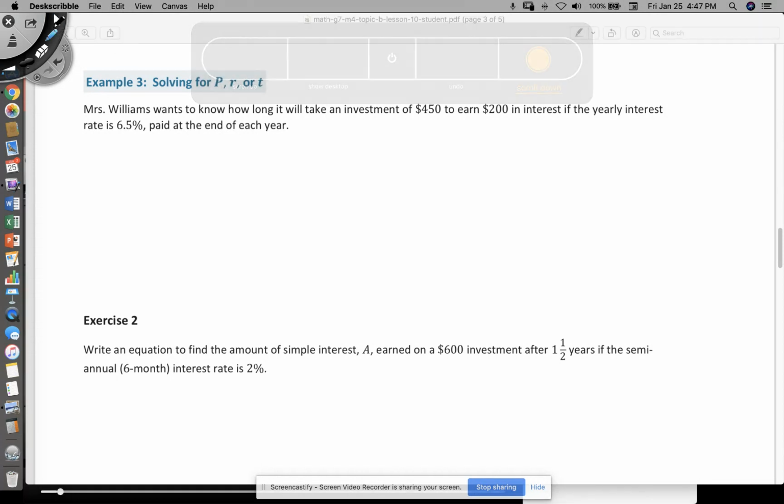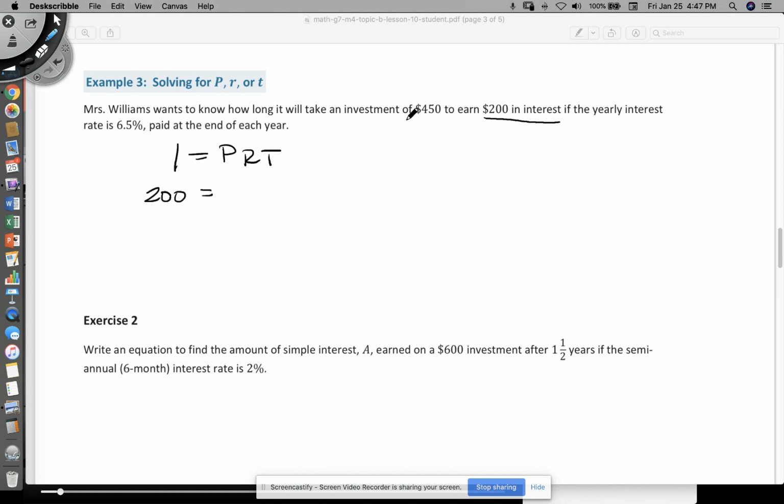Mr. Williams wants to know how long it will take for an investment of $450 to earn $200 in interest if the rate is 6.5% at the end of each year. We're going to do this a little differently, because for once they gave us the I. We want to earn $200 in interest, so that's our I, which is now 200.